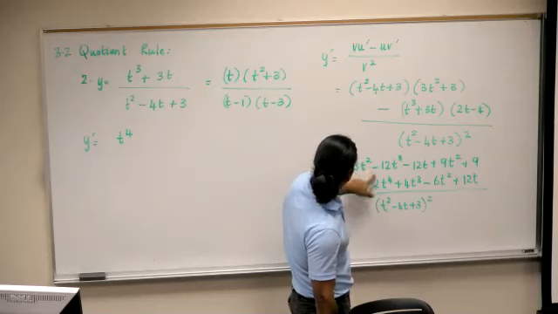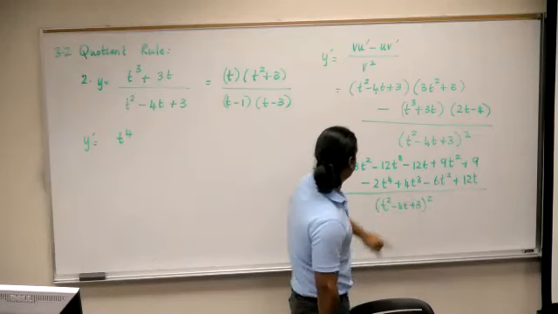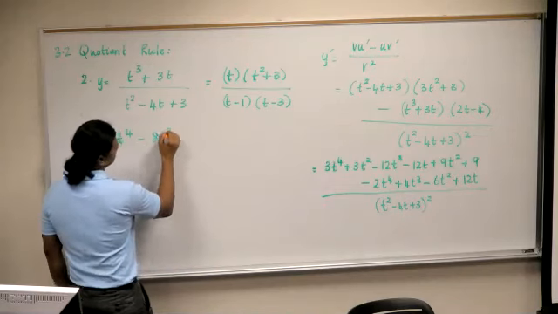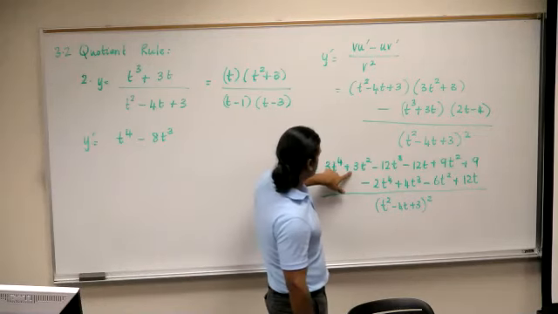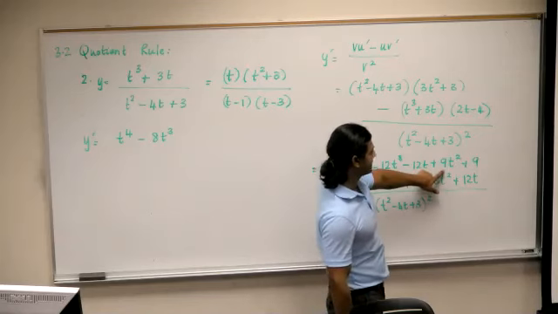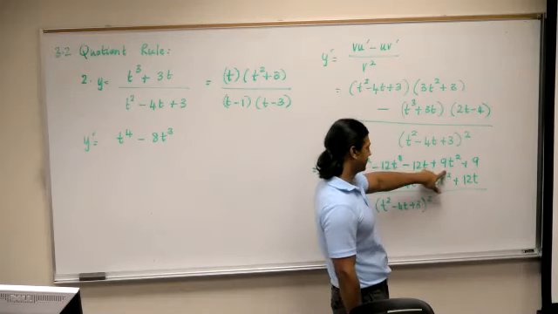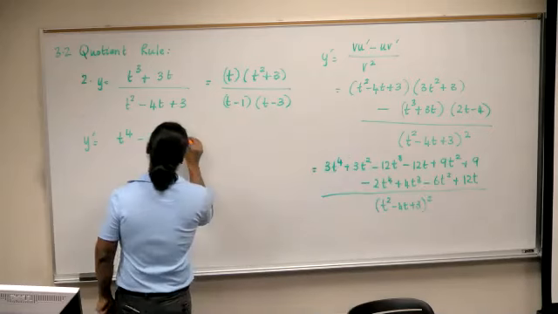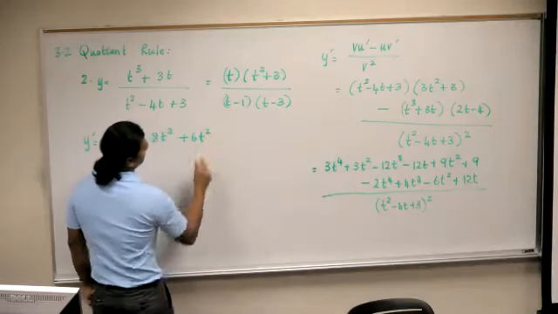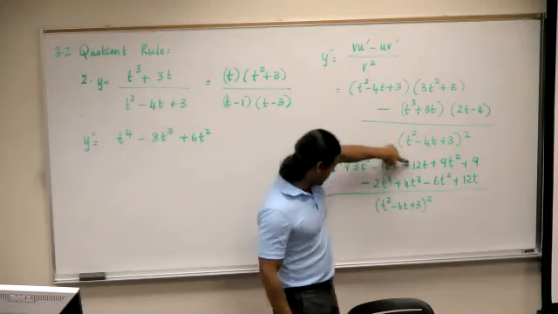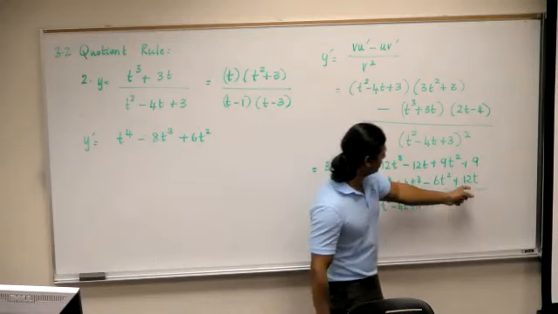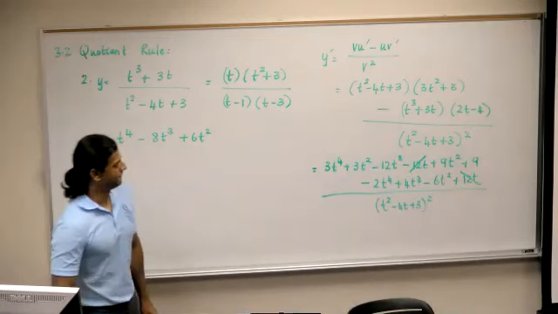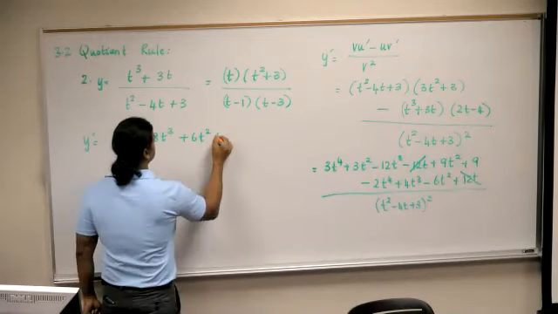Negative 12t cubed plus 4t cubed, negative 8t cubed. 3t squared plus 9t squared, 12t squared, minus 6t squared, 6t squared. Negative 12t, positive 12t. Those two would go away. Plus 9.